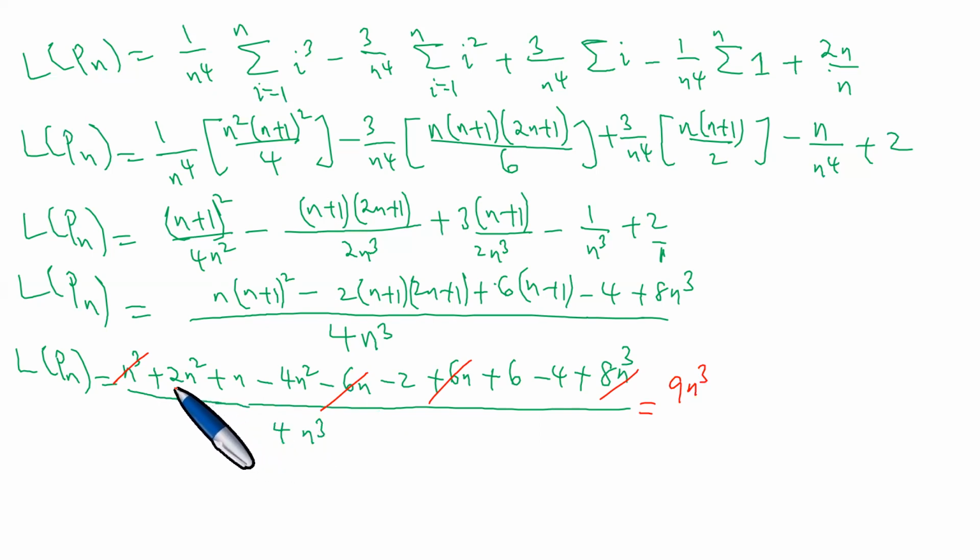The squares, this one and this one, minus 2n squared. The linear terms, you have these ones canceling out, and then we're left with only n plus n. And then now you have 6 minus 4, which is 2, minus that, 0. Divided by 4n cubed.